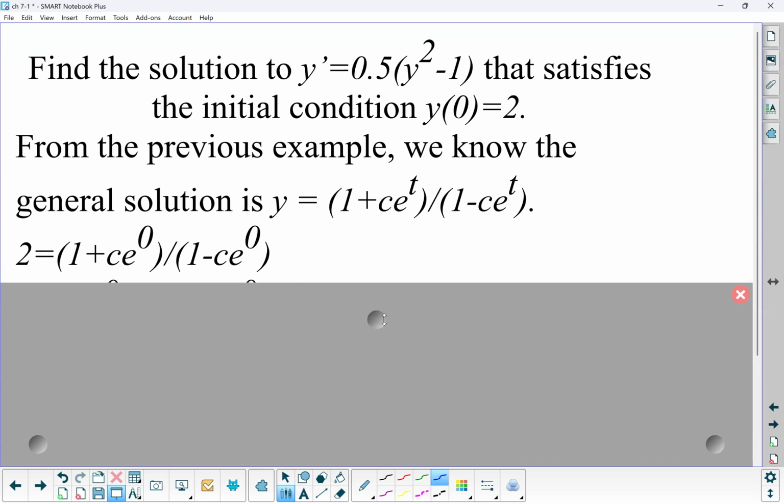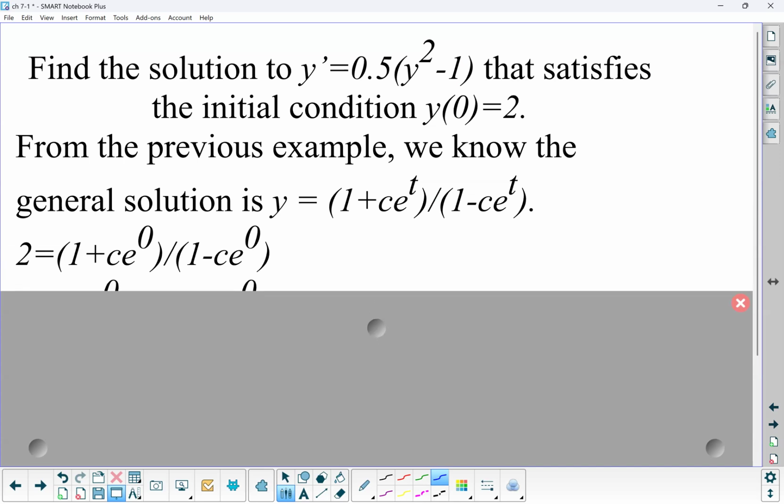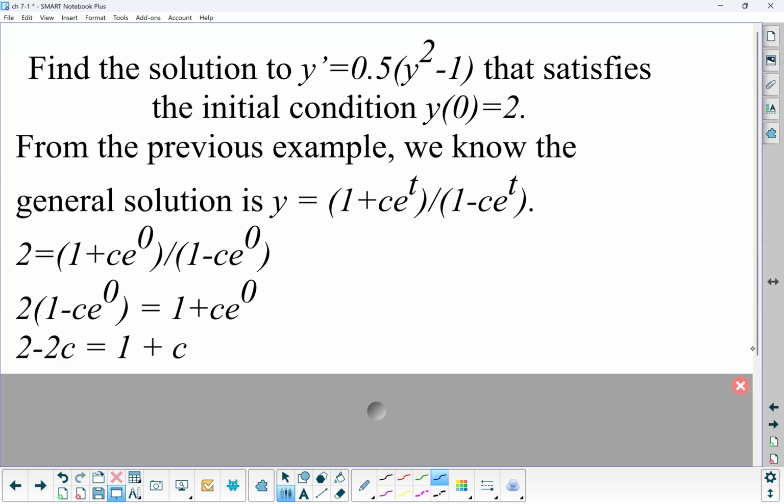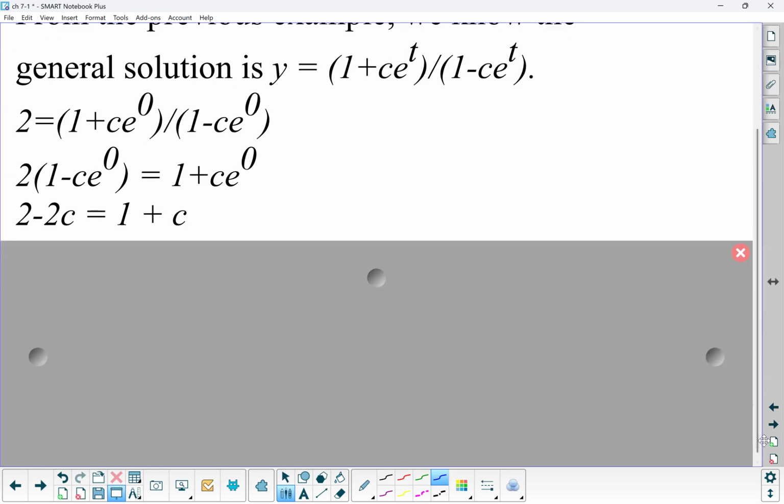e to the 0 is 1. If I multiply both sides by 1 minus ce to the 0, I get 2 times the quantity 1 minus ce to the 0 equals 1 plus ce to the 0. Then I use the fact that e to the 0 is 1, so I get 2 minus 2c equals 1 plus c.